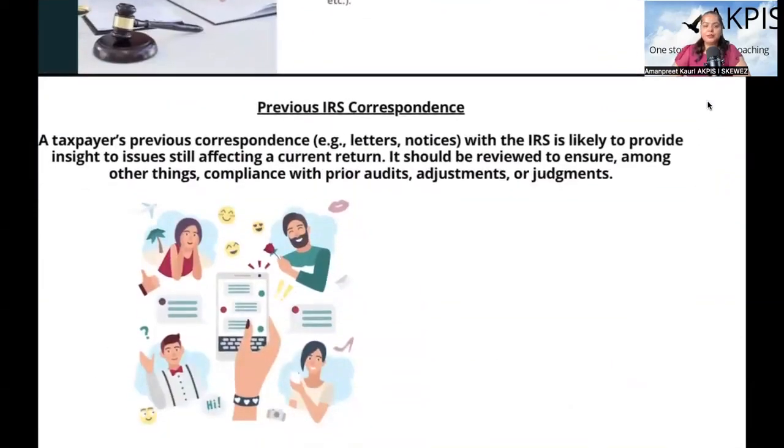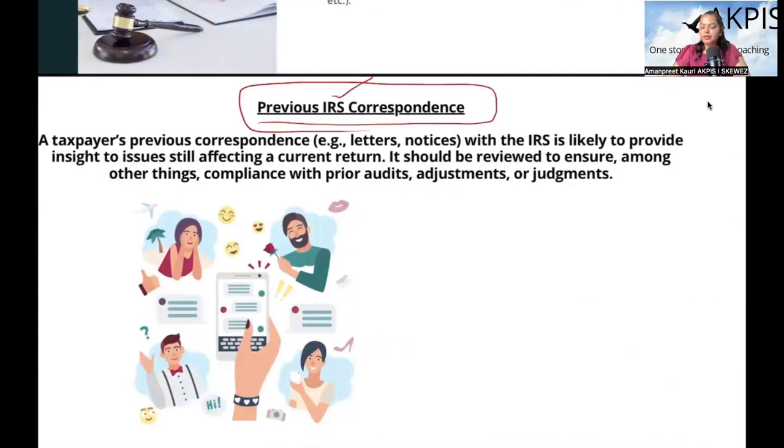Now, let's proceed further. Apart from accuracy and any major changes, you should even check previous IRS correspondences. What does that mean? IRS, Internal Revenue Service, is the US taxation governing body.